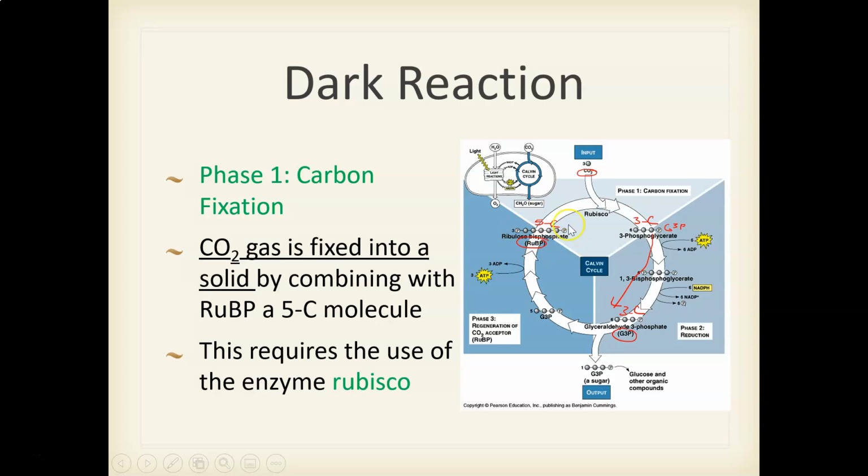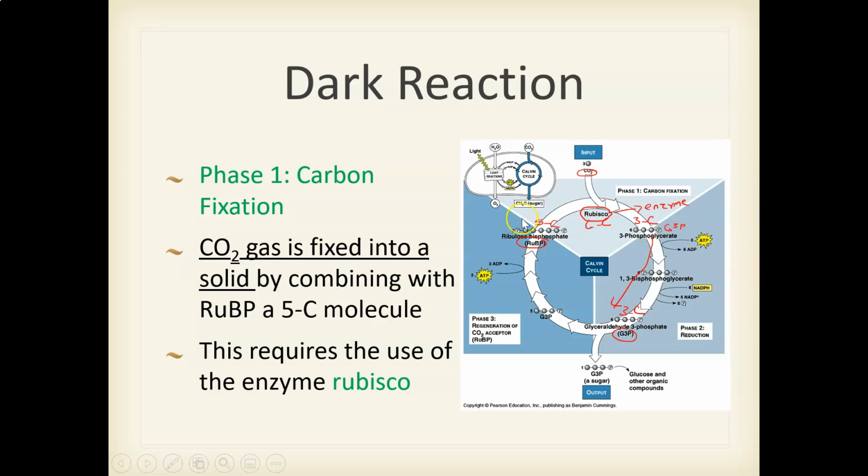Okay, so we're going to trace carbons here. So I'm going to take this RuBP, which is a 5-carbon molecule. I'm going to bring in carbon dioxide, and I'm going to allow that single carbon to get attached to that RuBP, so it makes a really short-lived 6-carbon molecule here with the help of this enzyme called rubisco. Okay, so this guy's an enzyme.